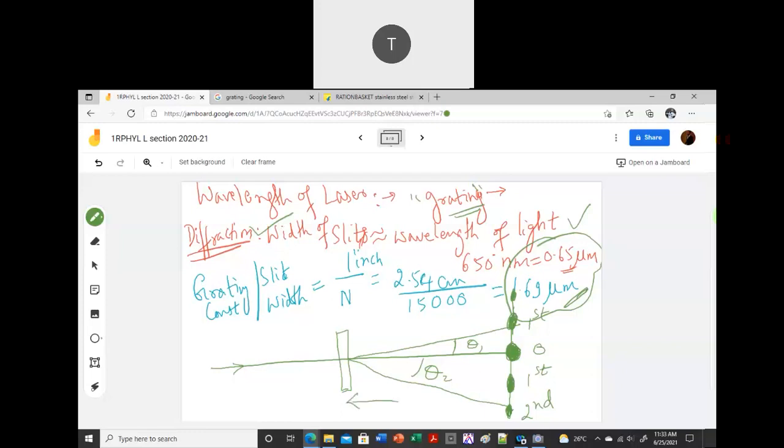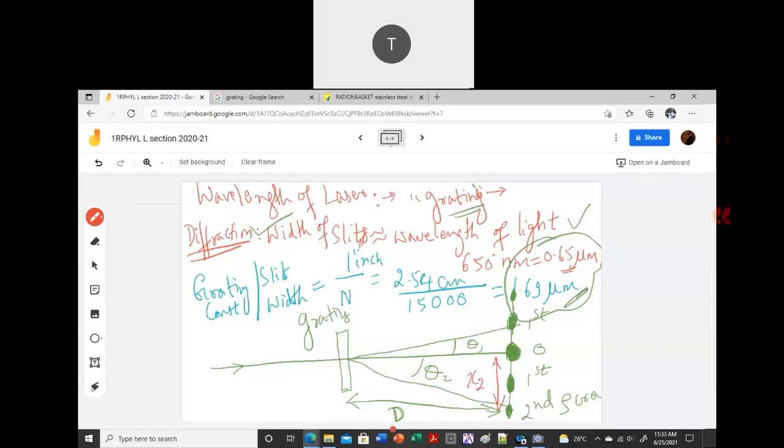So this is the distance between the grating and the screen, which I will call capital D. If I want to know theta 2, for example, then I should know the distance from the 0th order to the second order. I will call this distance x2.